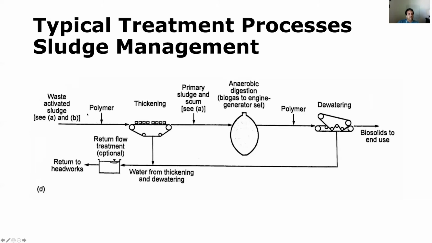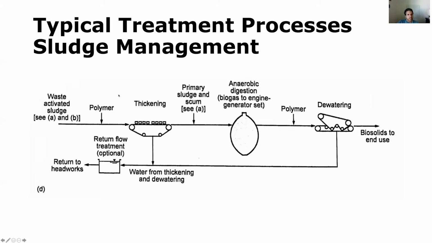So the third problem with sludge is that it's very high in water content, and therefore it's very heavy and very voluminous, meaning that we need to utilize some processes that remove the water and reduce the volume of the sludge so that they can more efficiently be transported to a different location where they might be reused, let's say in soil amendment or in some type of agricultural application.